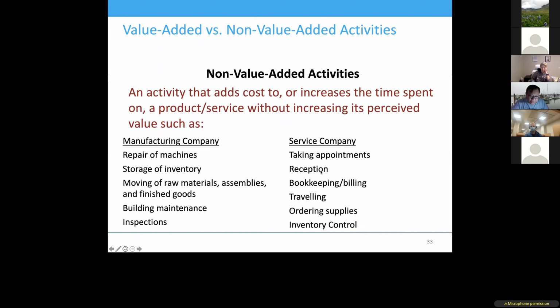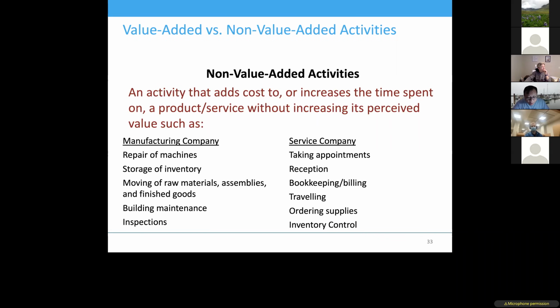It doesn't add value to the quality of that legal service. It's important to run the business. I'm not saying the things they are doing are not important. The law firm cannot run without the receptionist.